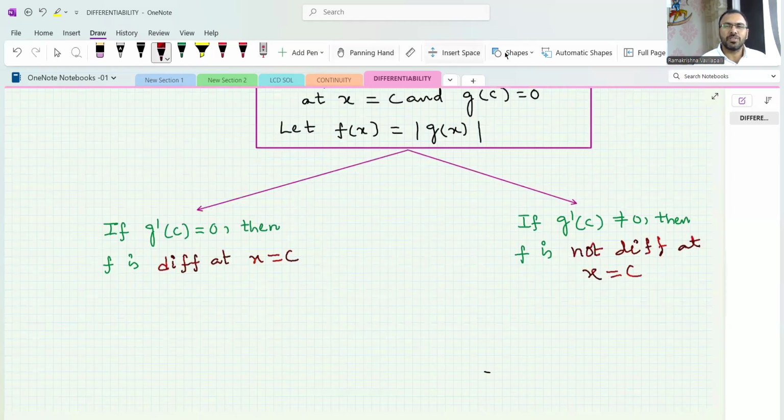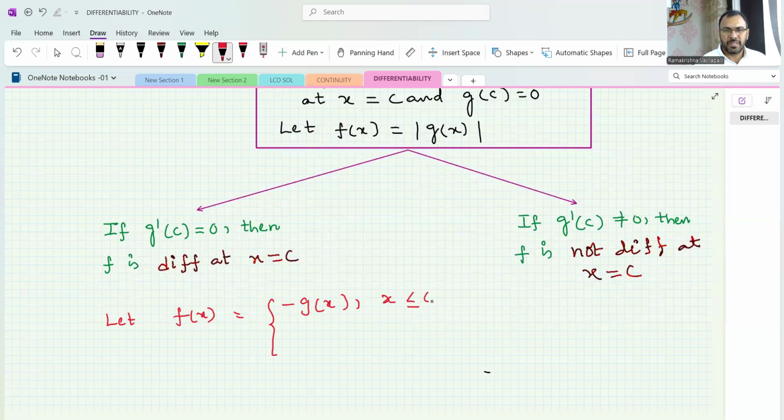See, assume that f of x equals minus g of x for x less than or equal to c, and g of x for x greater than c. We can interchange this negative and positive, then also no problem at all.